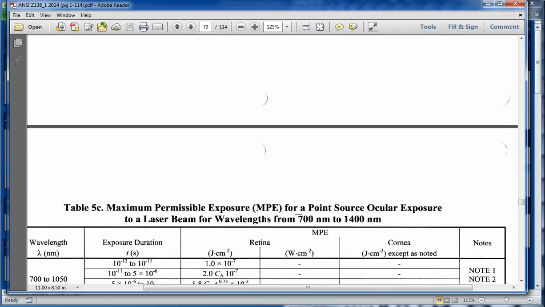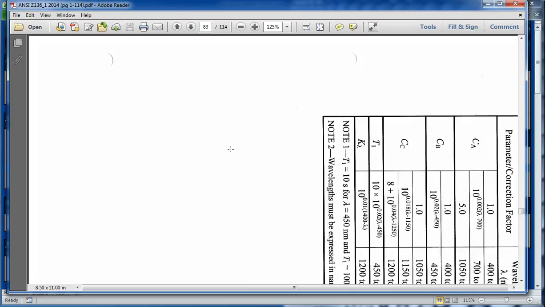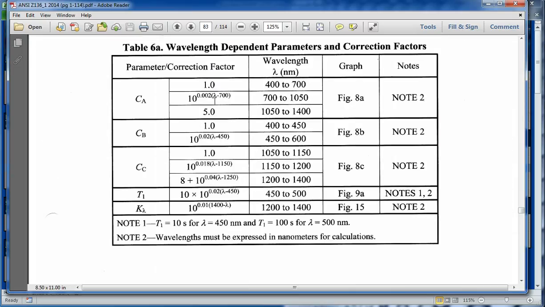What happens when we take a look at 700 to 1050, which would include our 700 to 900? Well, look at this. We see that it looks sort of similar for a 10-second exposure, and it doesn't matter which one of these lines we pick, we see there's a correction factor, C sub A. And what this correction factor does, C sub A causes a wavelength dependency through the range of 700 to 1050, and it makes 700 nanometers the more restrictive wavelength.